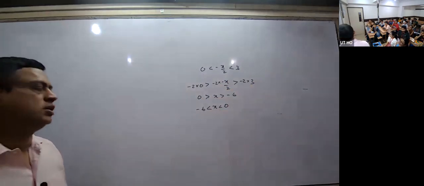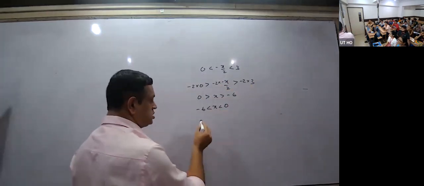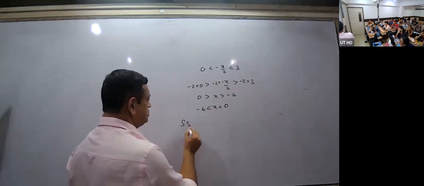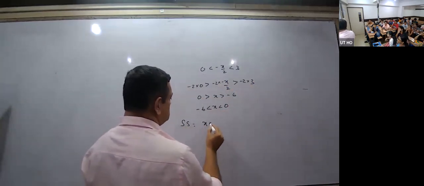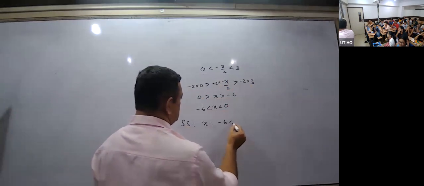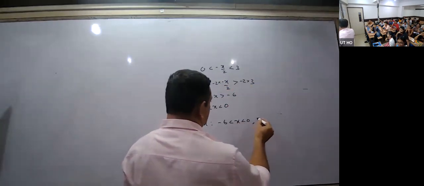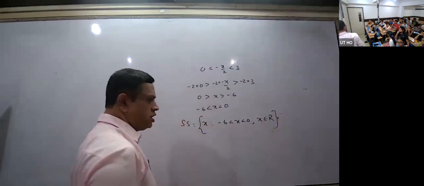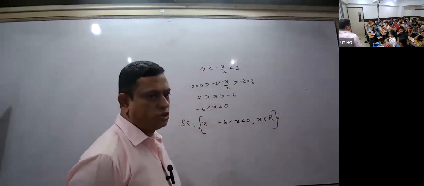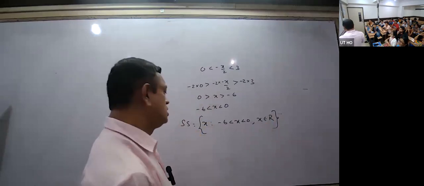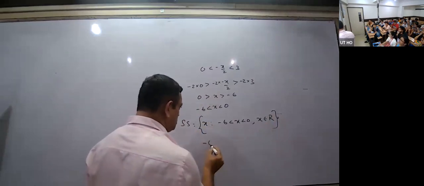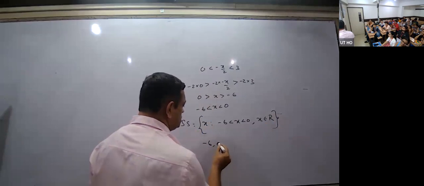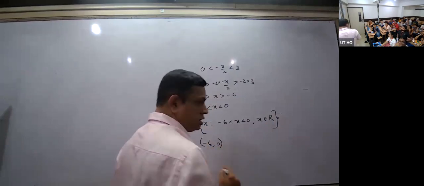So the solution set is x such that minus 6 less than x less than 0. This can also be written in interval form as minus 6, comma 0.